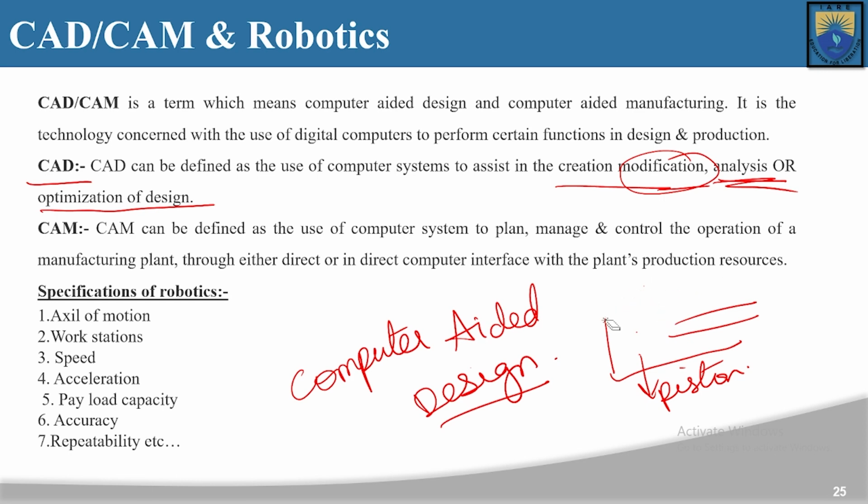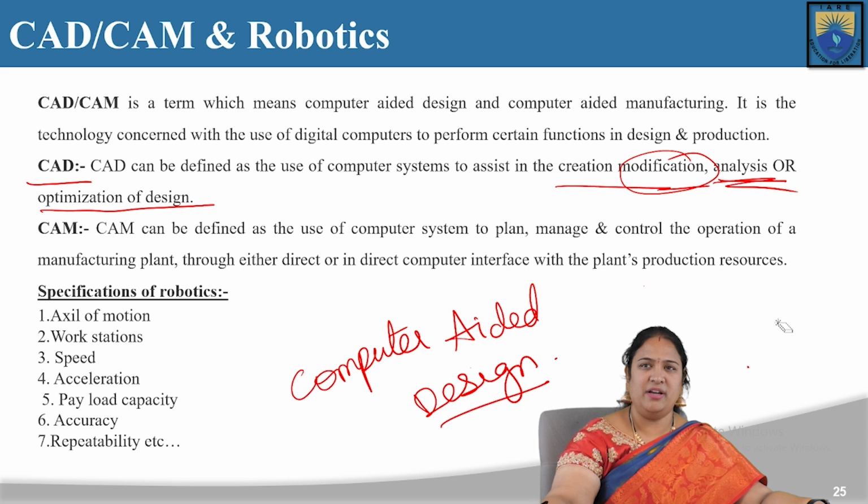So whatever is to be done will be looked after by the computer aided design. So here we are creating the design of any particular product, and we are checking for its creation, modification, analysis, and optimization. All that is being done with the help of computer aided design.